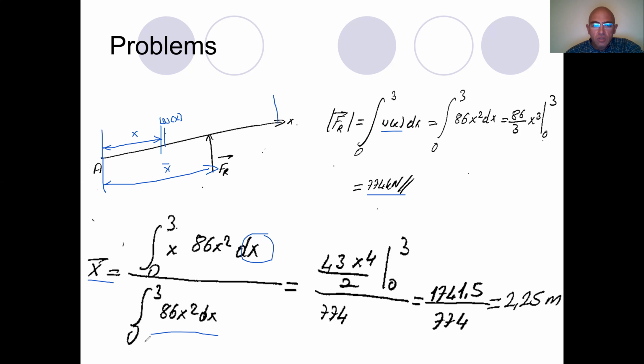I already calculated the resultant force integral, and the result is 774, as you remember. If I put the values, when it is 0, this is 0. If I substitute here 3, the result will be 1741.5, and the location can be calculated easily from here as 2.25 meters.